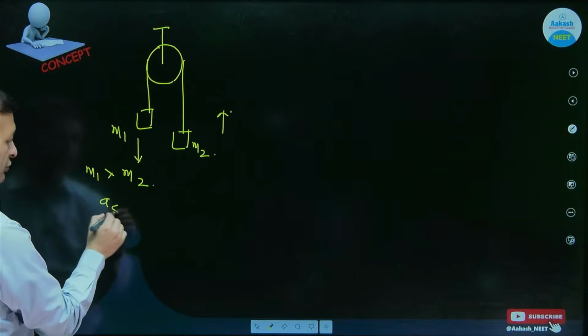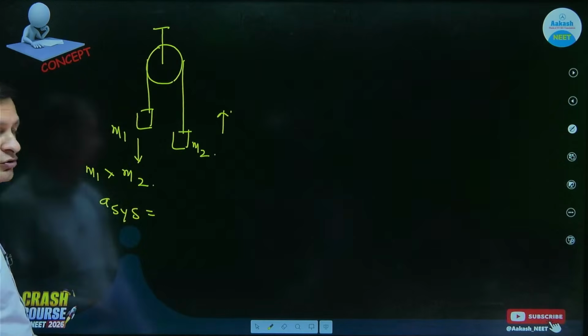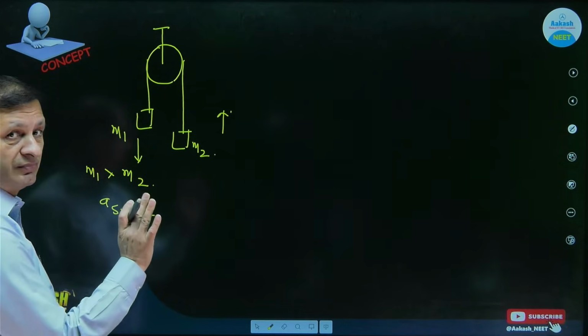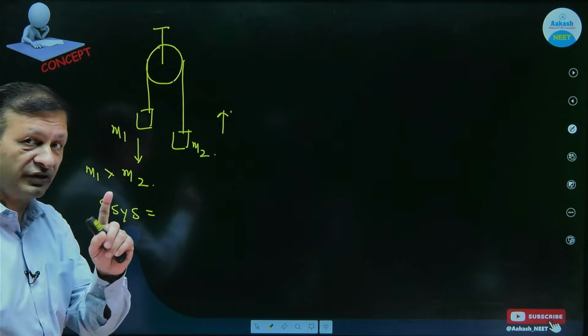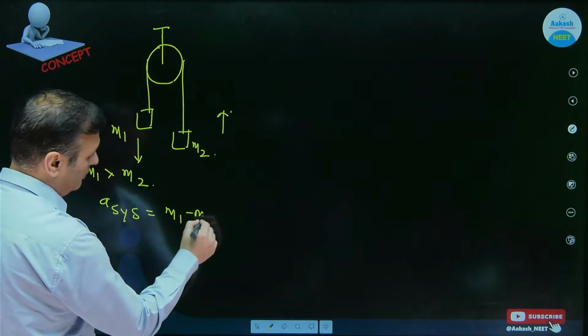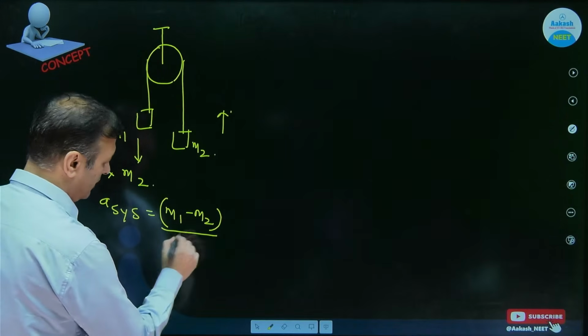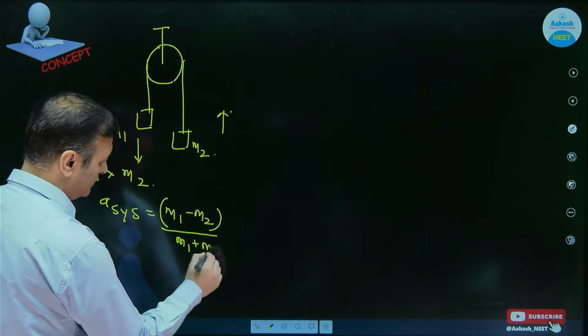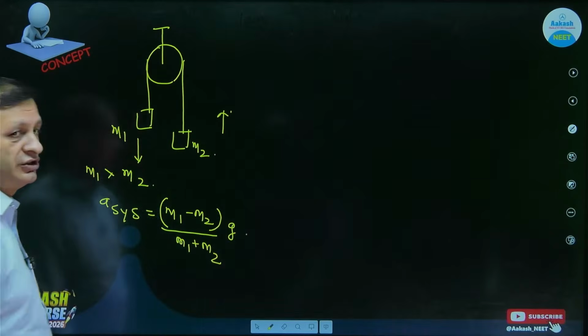What is the acceleration of the system? I am not talking about the acceleration of center of mass, it's the acceleration of the system. This is m1 minus m2 by m1 plus m2 into g.